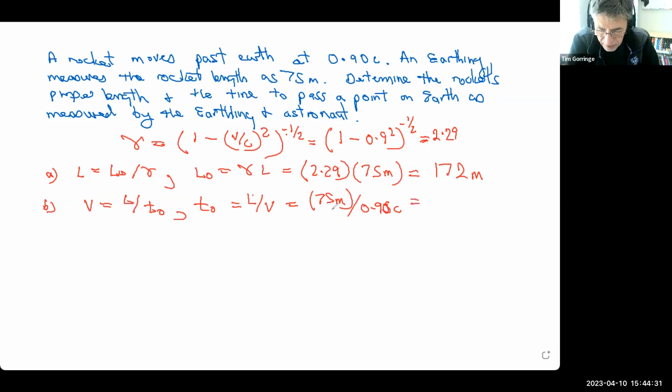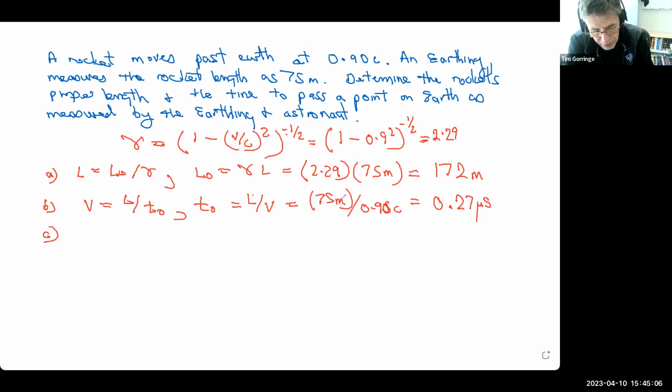If I take 75 meters, divide it by 0.9 times 3 times 10 to the 8 meters per second, I got a value for the proper time of 0.27 microseconds. That's a very short amount of time, because the speed of light is a very large number, 300 million meters per second.